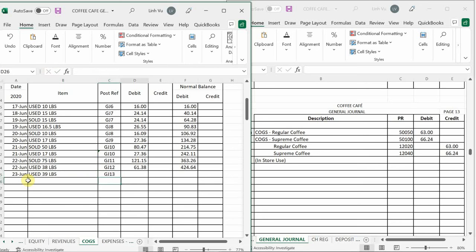It's the 13 now. And that cost me $63 even. So my ending balance in my cost of goods sold is going to be $487.64.